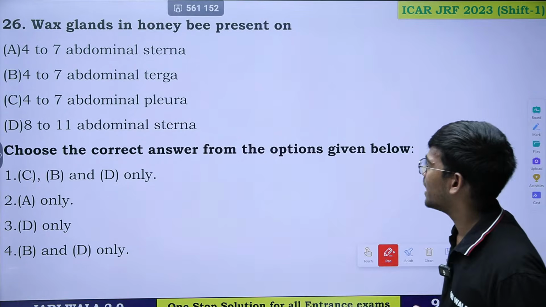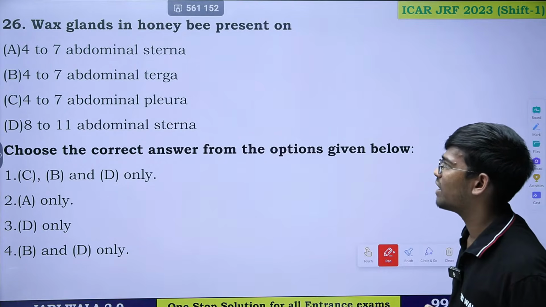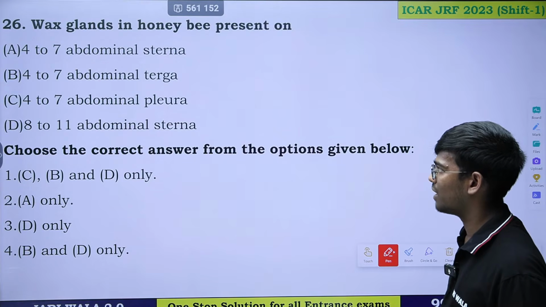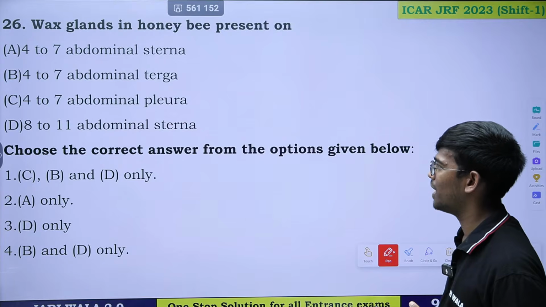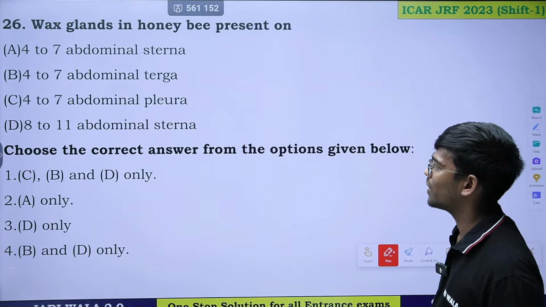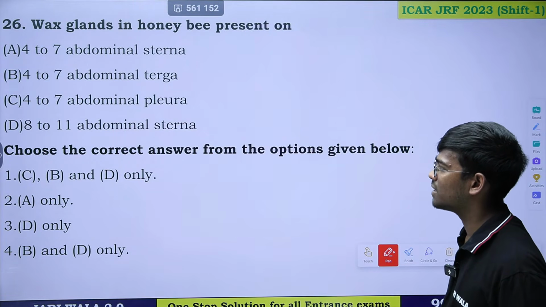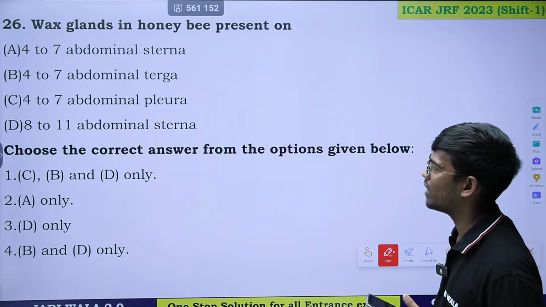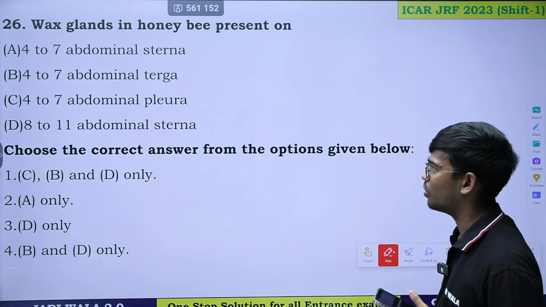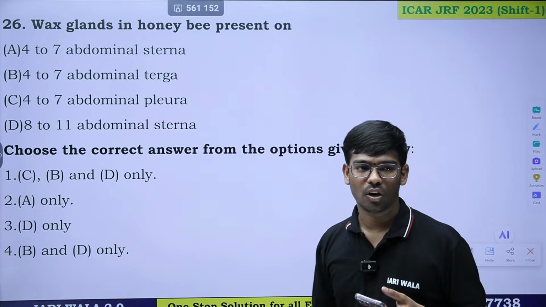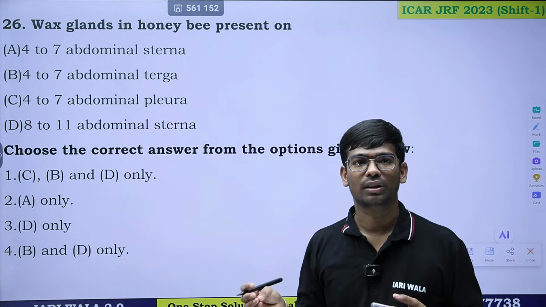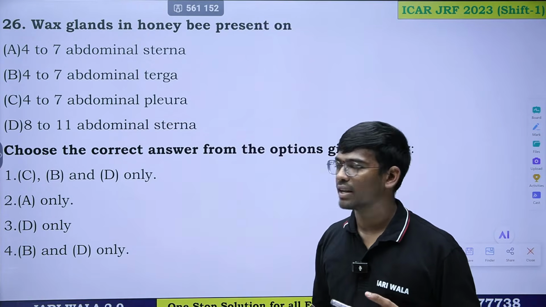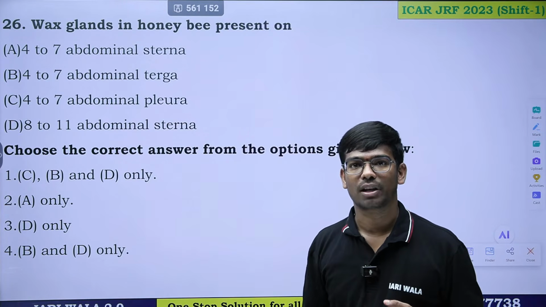Wax glands in honeybee are present on the 4 to 7 abdominal sterna, that is on the ventral part; then the 4 to 7 abdominal terga on the dorsal part; then the 4 to 7 abdominal pleura, that is on the lateral sides; and 8 to 11 abdominal sterna. Knowing the segments is not enough. We need to know the exact position, whether it is on the lateral, dorsal or ventral side.